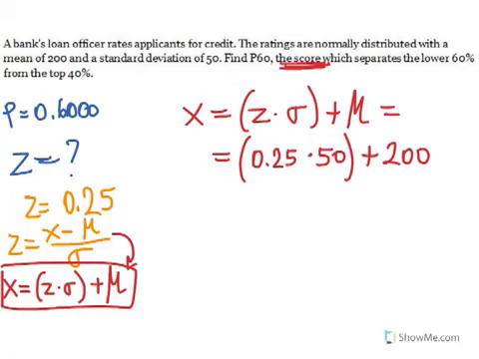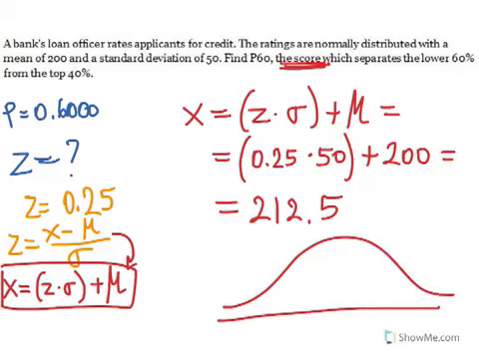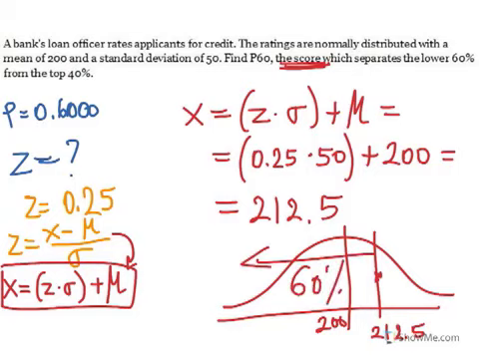Okay, and the x now will be 212.5. So the score which separates the lower 60 from the top 40 is, I'm sorry, 212.5. And we know that the mean is 200, so 212.5 is right here. So this separates the lower 60% from the top 40%. Okay, so this is the answer.